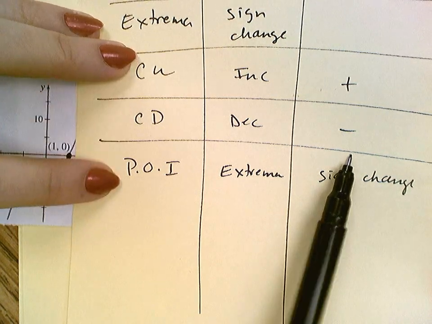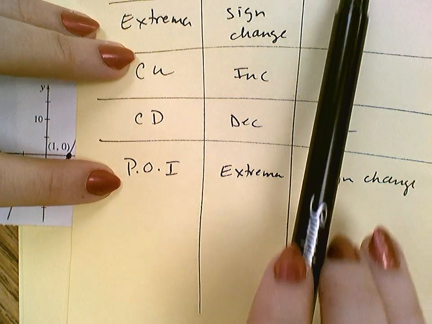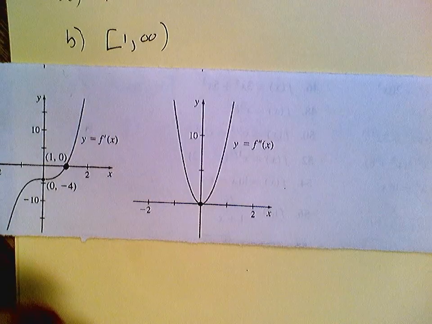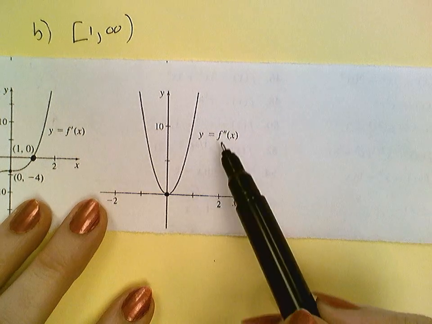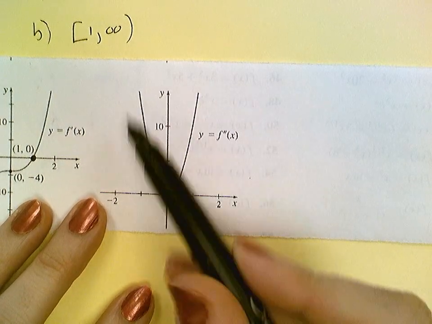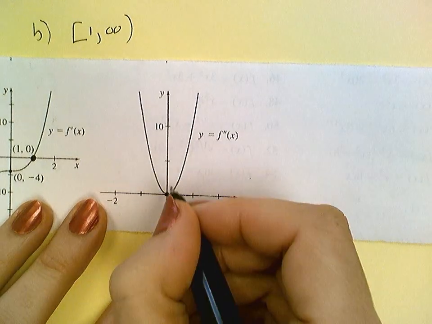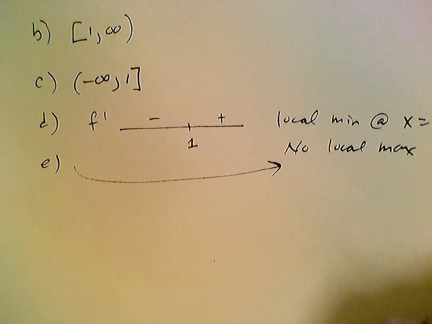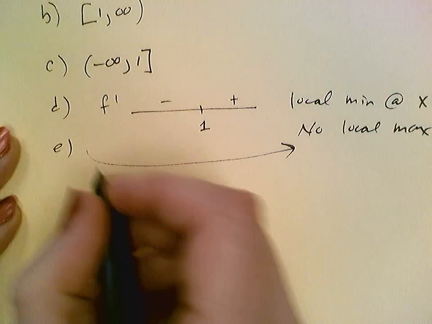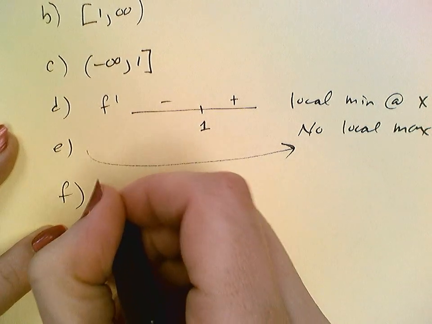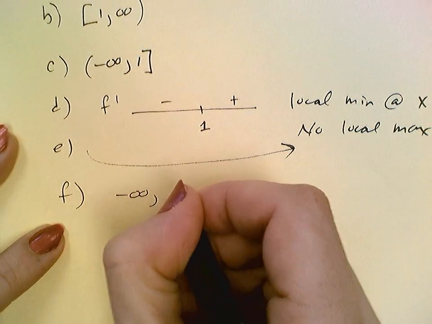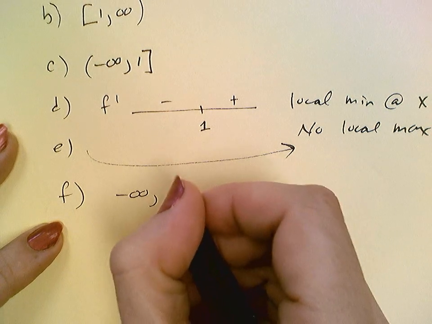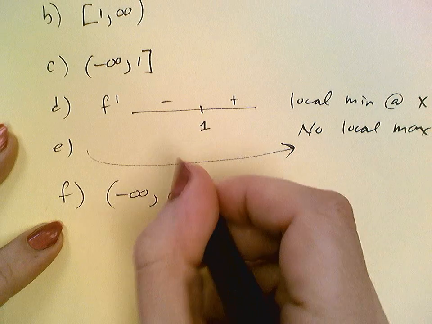And then we'd have points of inflection where f double prime has a sign change. But as you can see, this f double prime graph is always above the x-axis. It's always positive, all right? And so, F, f concave up from, I guess, negative infinity to infinity.